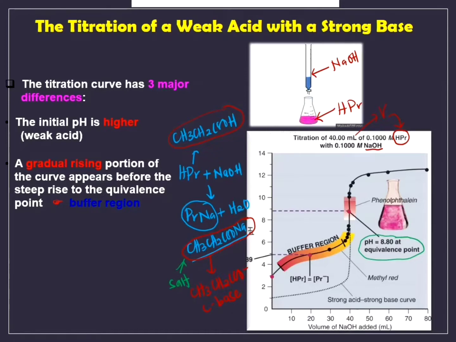So if you still remember in chapter 7.1, if weak acid react with strong base, it will produce basic salt. Okay, di mana pH should more than 7. So look, our pH here is 8.8. So betul lah. So this is basic salt.